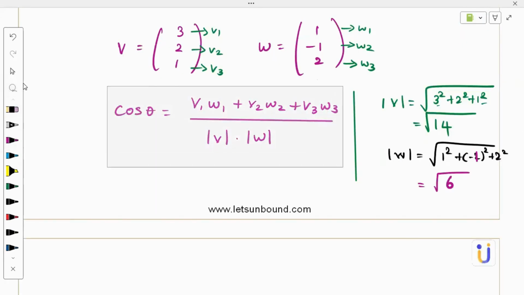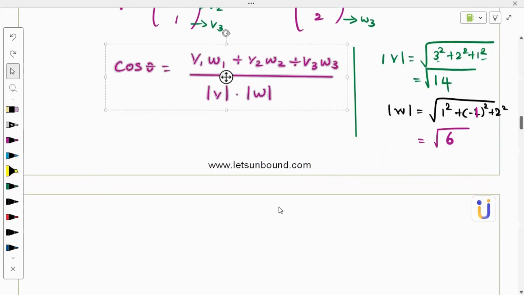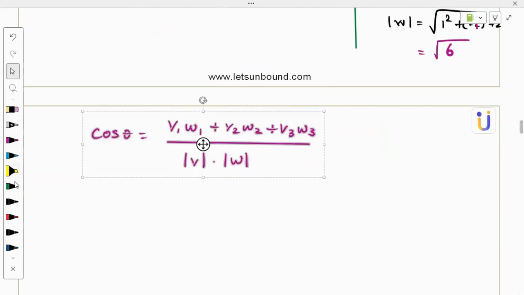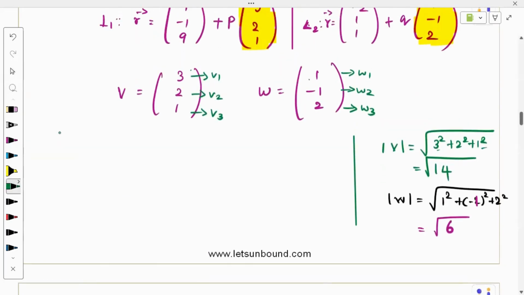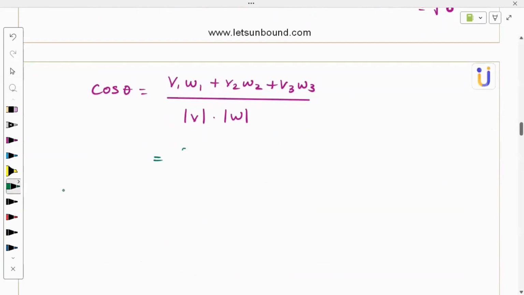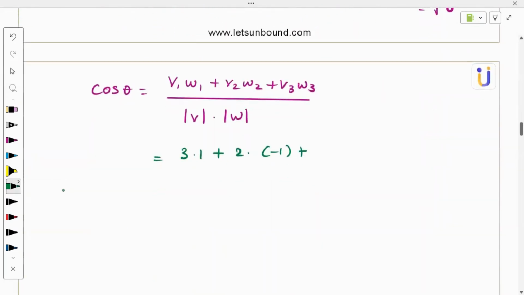Let me copy this and move it to the next page. Here we go. How will you find V1 W1, V2 W2? Like this: 3 times 1, 2 times minus 1, 1 times 2. That is the dot product, right? So 3 times 1 plus 2 times minus 1 plus 1 times 2, divided by the modulus of V root 14 and modulus of W root 6.